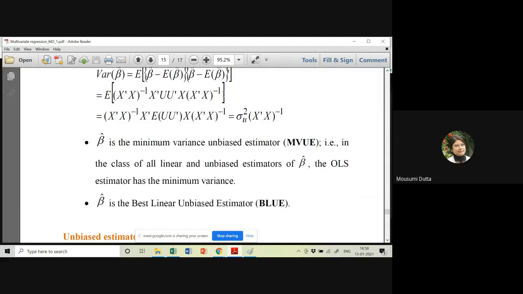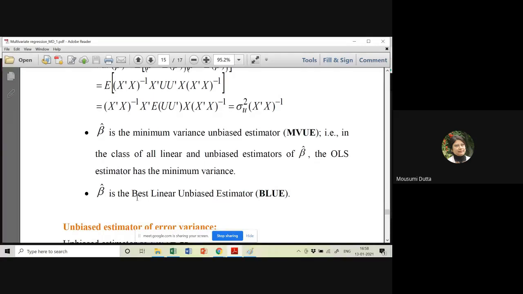First I talked about unbiasedness, then the minimum variance property. Combining this, we can claim that beta hat OLS is the best linear unbiased estimator.